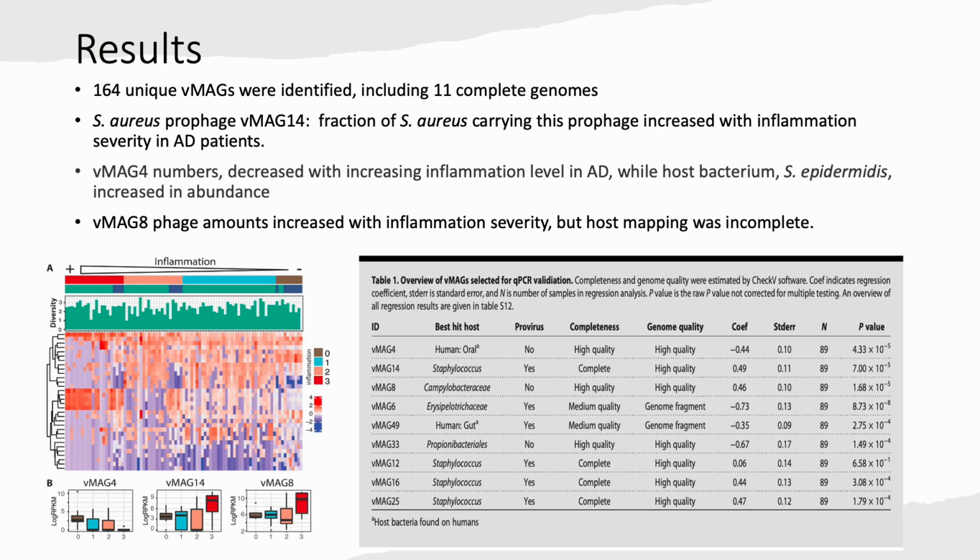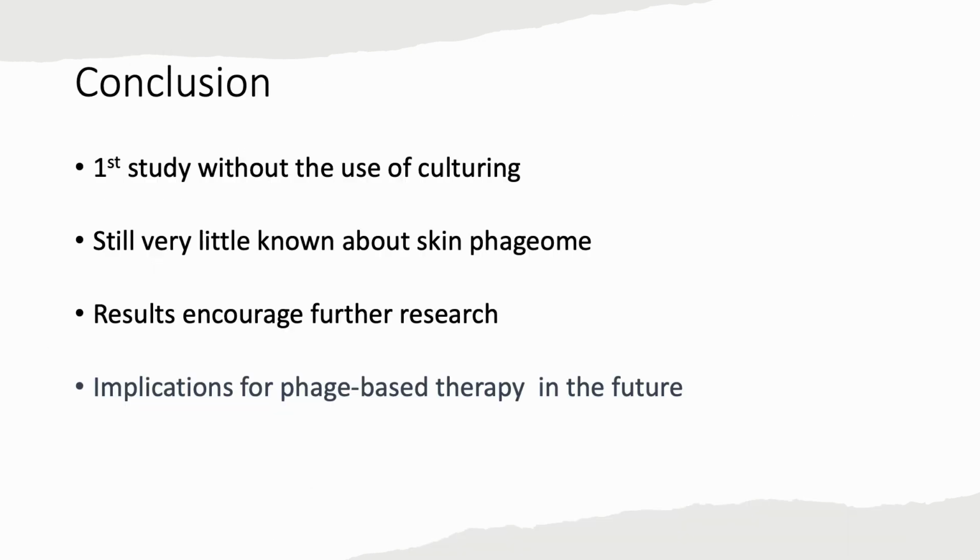And the first three, VMAC4, VMAC14, and VMAC8, are the three VMACs that were mainly found to have significant implications, and also had high quality hits that could be confirmed and most likely play a role in atopic dermatitis inflammation.